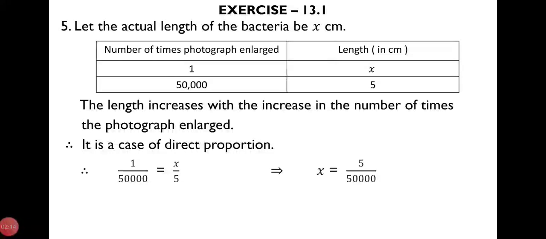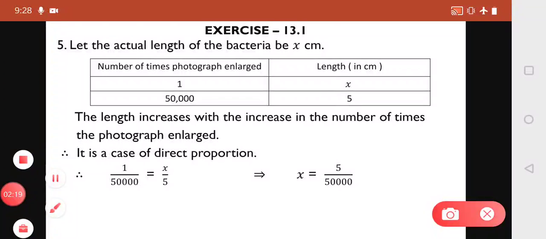Therefore 1 upon 50,000 equals x upon 5. So this is x1 upon y1 equal to x2 upon y2. Here x1 is 1 and y1 is 50,000. So 1 upon 50,000 equal to x upon 5. Now we will do cross multiplication, that is, 5 we will take up. So we get x equal to 5 upon 50,000.